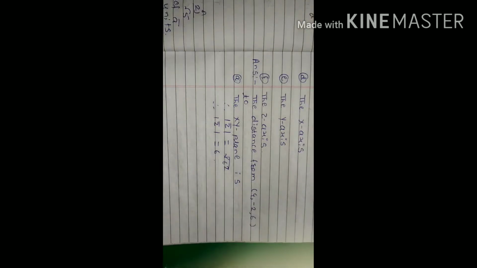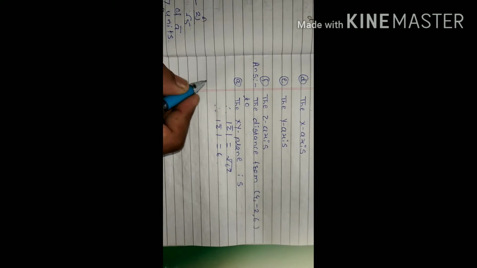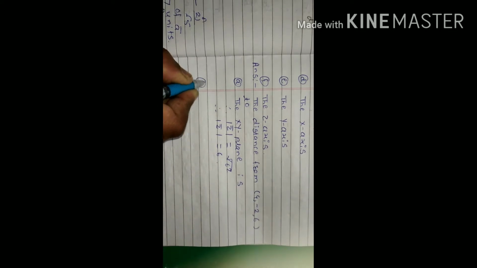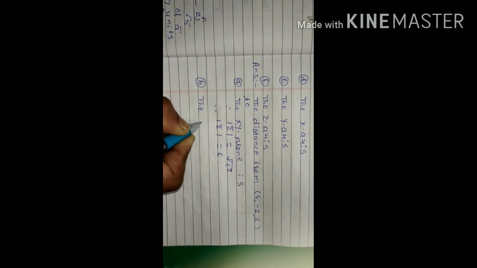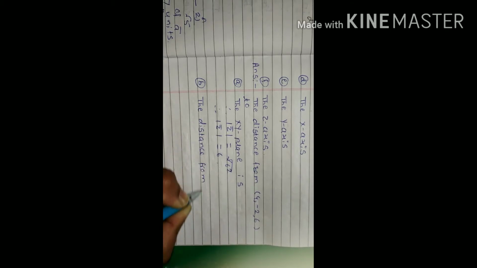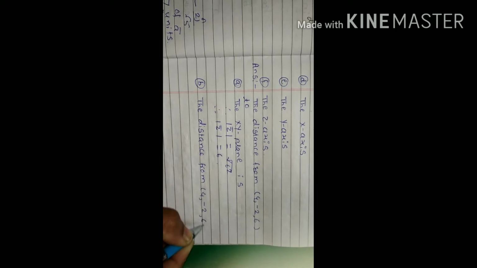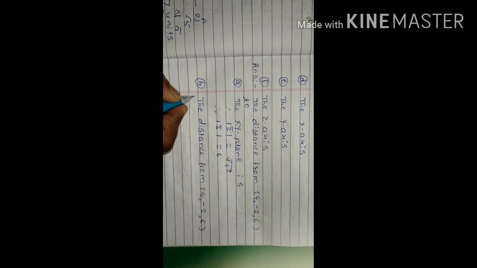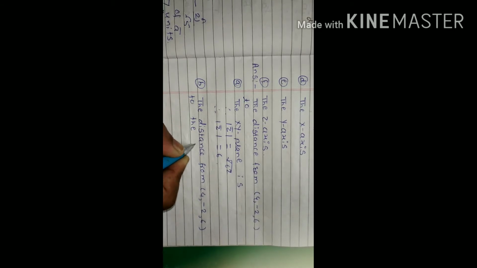In B, the yz plane, the distance from the point (4, -2, 6) to the yz plane.